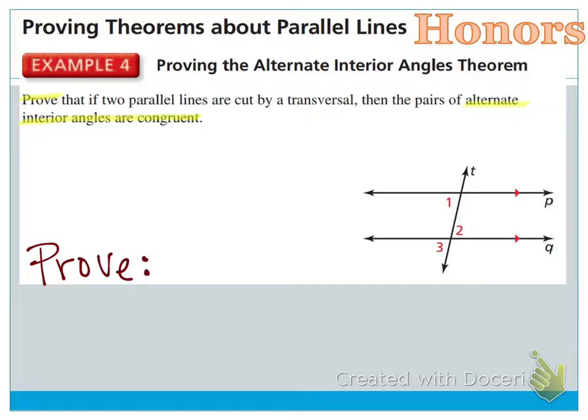In this particular picture, where are the alternate interior angles? 1 and 2. So we want to prove that angle 1 is congruent to angle 2. That's what we want to prove. And I will tell you how to do that. So up here I put a little star. This is how you will answer this problem.